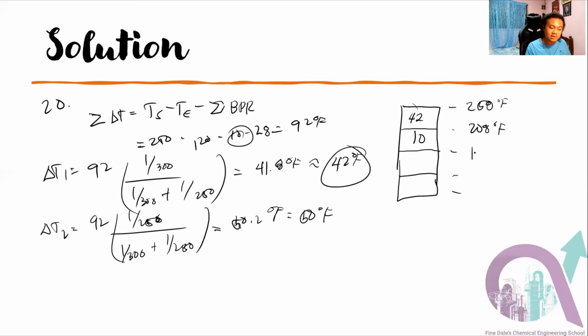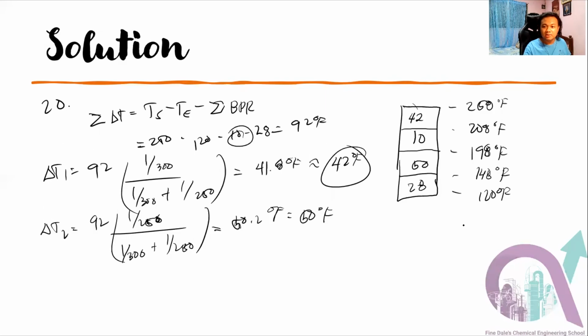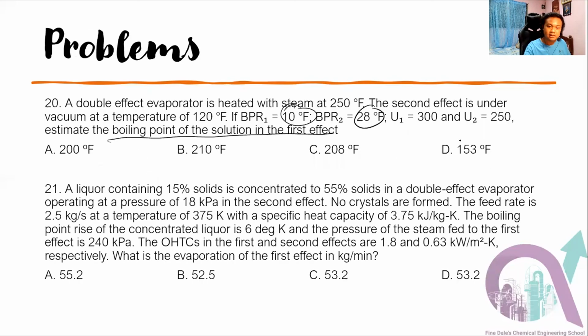So this is 198. Next is 50, T2. Now you will get 148. And then the last boiling point rise, which is 28, just subtract it and you will get 120 degrees Fahrenheit, which is the temperature of the second effect. So that's how you solve that. Then the first effect is 208 Fahrenheit.